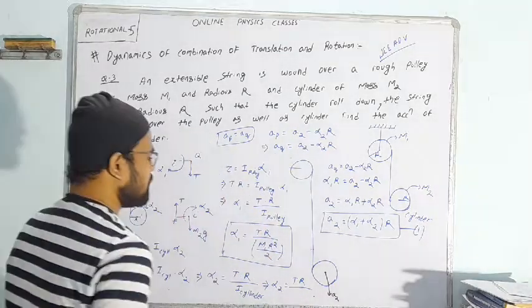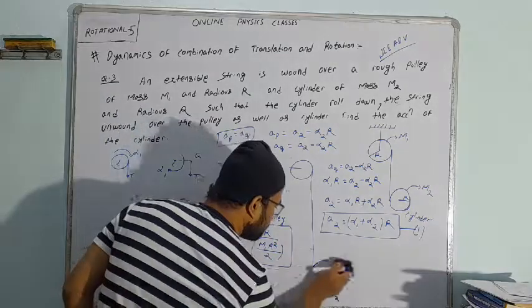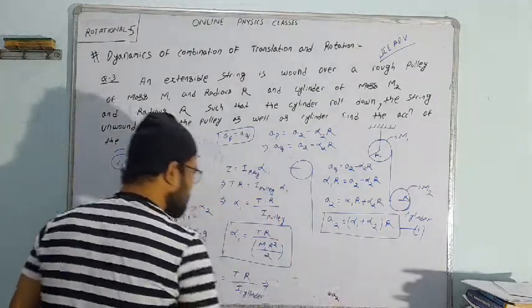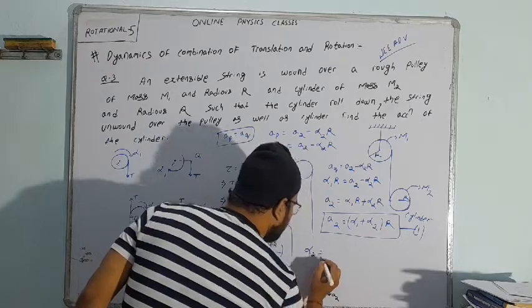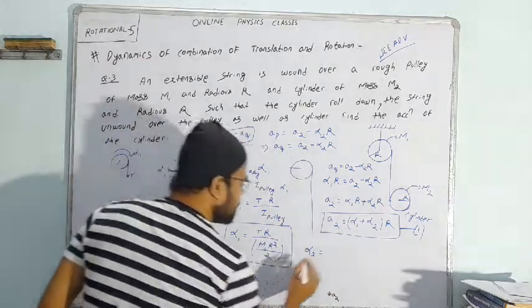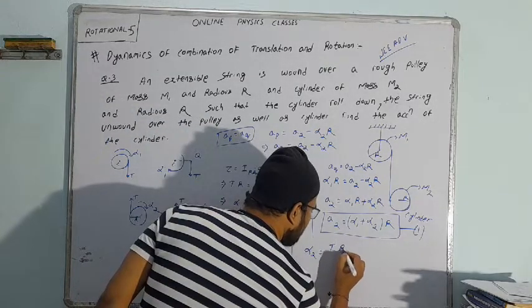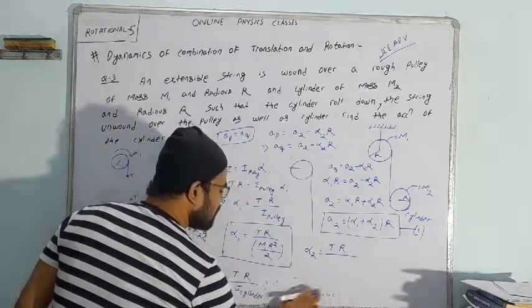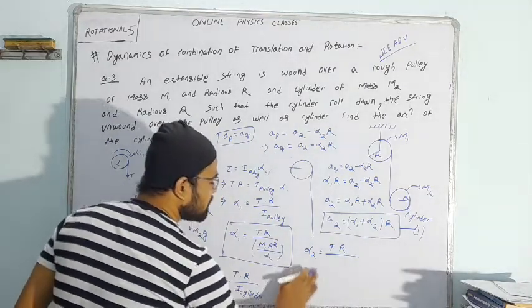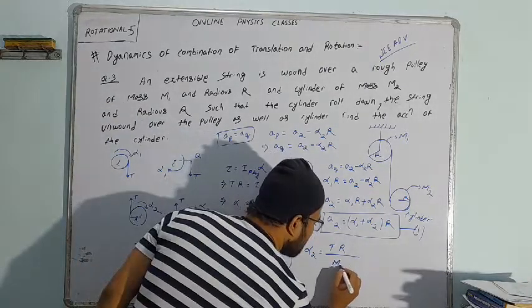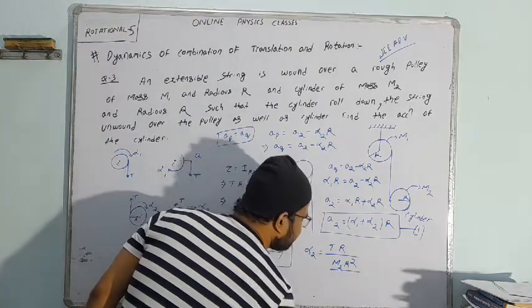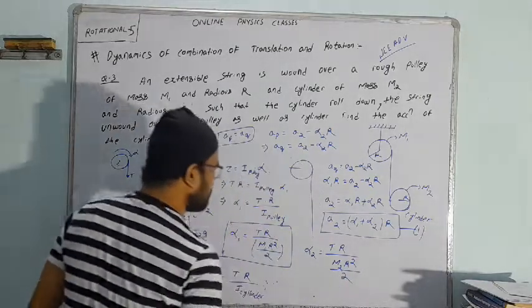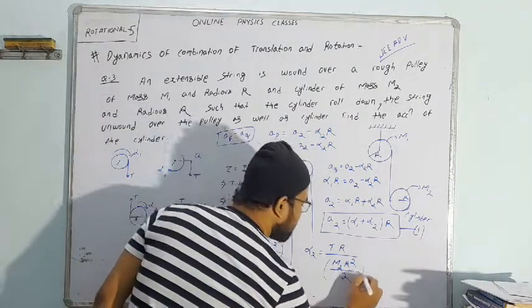What is the moment of inertia for the cylinder? m2 r square by 2. So this is alpha 2.